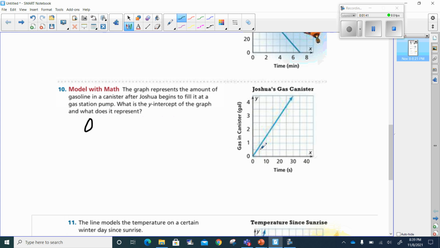It represents gas in the canister, right? And the time per second, right? And it's saying the graph represents the amount of gasoline in the canister after Joshua begins to fill it. So in other words, when 0 time has passed, you have 0 gas in the canister.